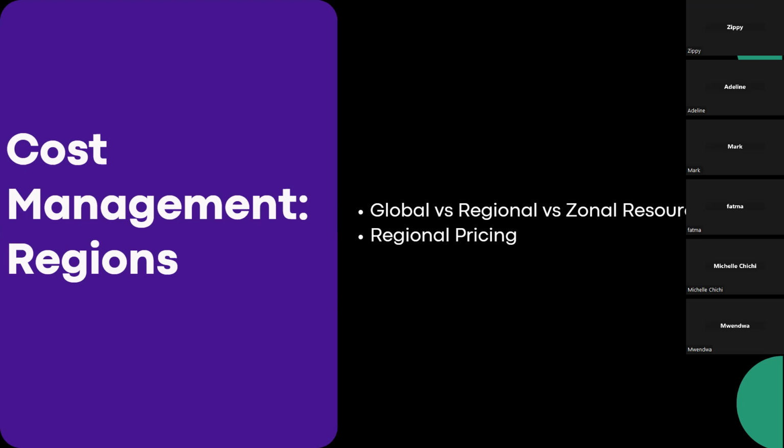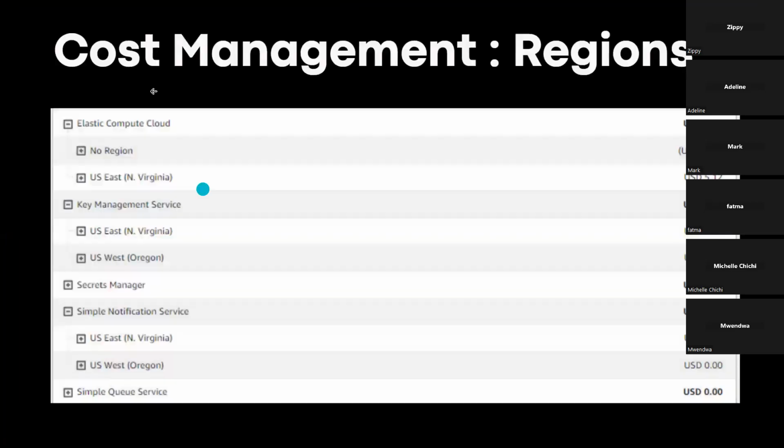Yeah, so just to emphasize that, you'll notice that once you look at your bill, it's usually broken down by region. So if, for example, I launched one EC2 in Ireland and the other one in Cape Town, then when I'm looking at my bill, I'll notice that all those regions are broken down here.